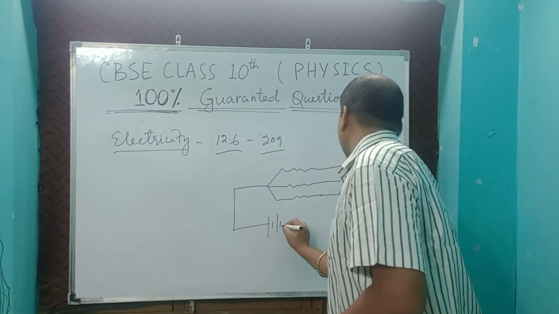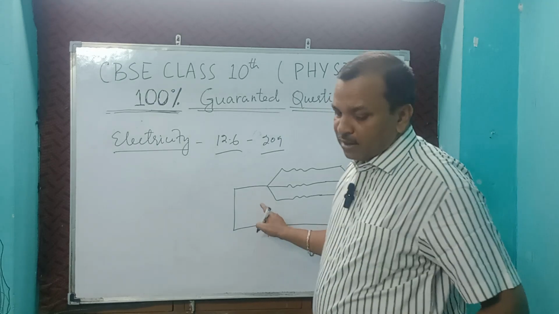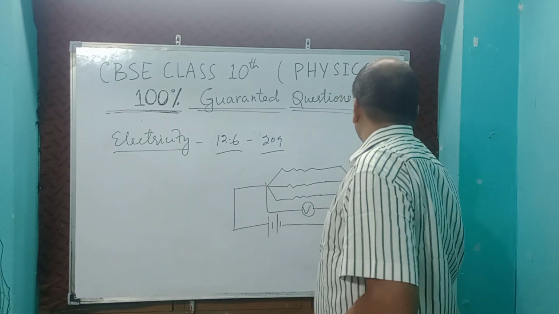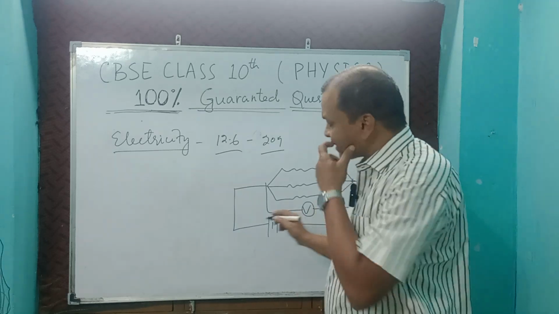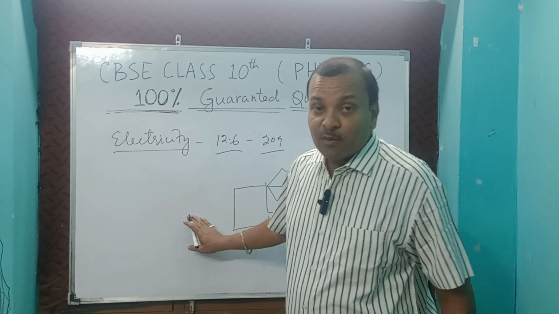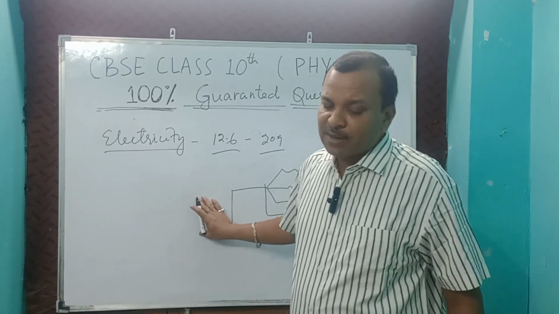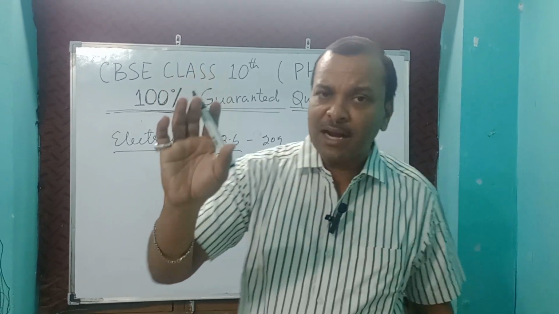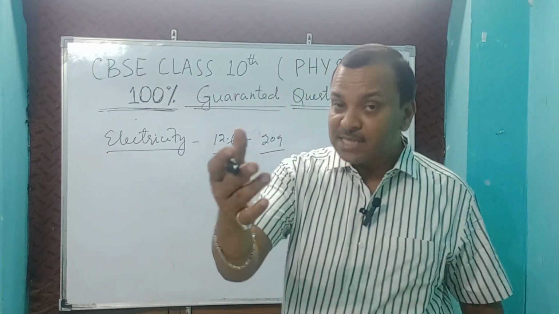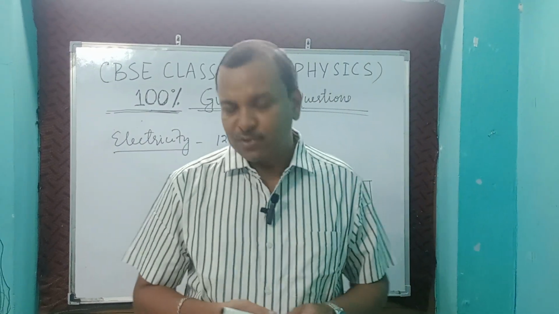Clear? If you can solve this, then you can solve anything. One question will come from this, resistors in parallel or series, and this is very important. Example 12.6 also you can go through.